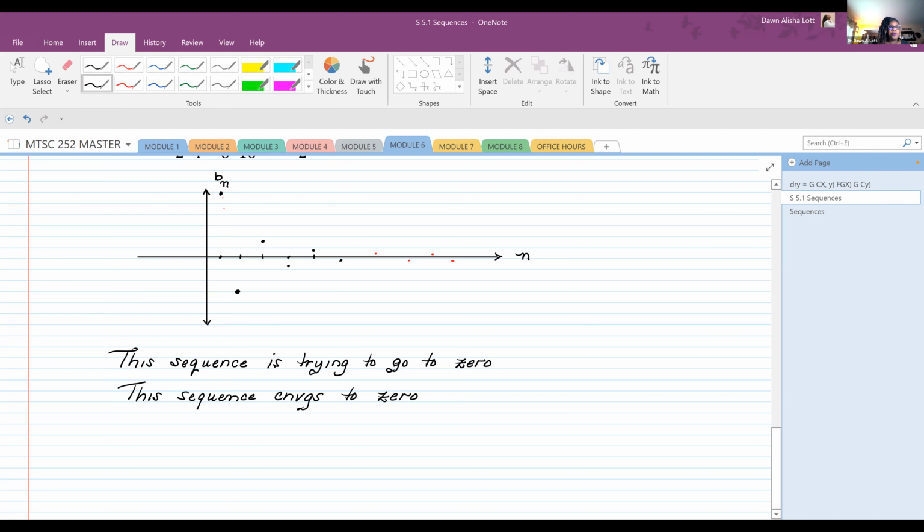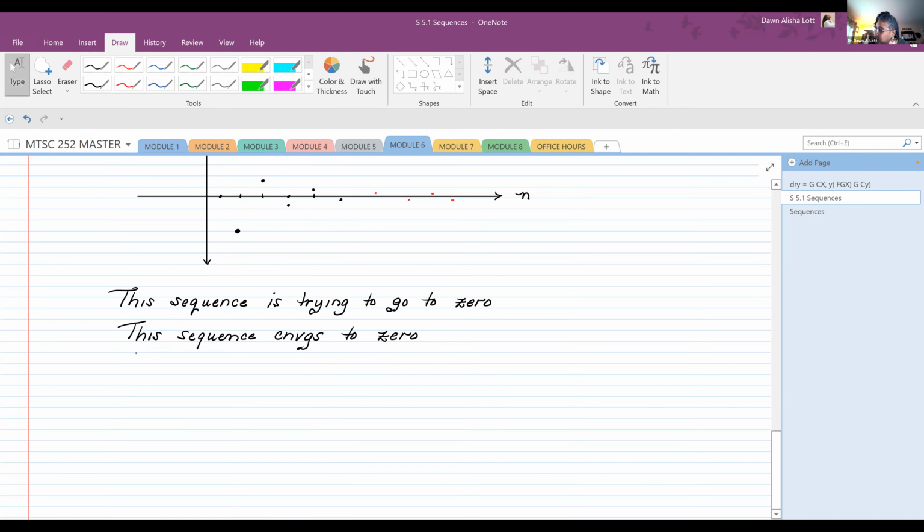And the way we're going to write that is we're going to say the limit as n goes to infinity of the sequence a_n is equal to 0, where a_n was (-1)^(n-1) divided by 2^(n-1). Okay. So we have a definition.